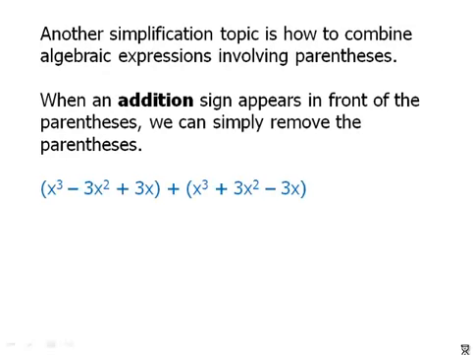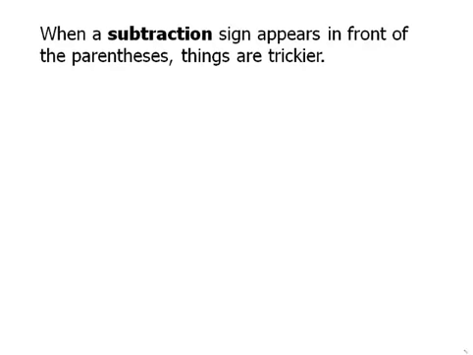We can just write the exact expression again as if there were no parentheses at all, and then do our simplifying from there. And it turns out this simplifies just to the single cubic monomial 2x cubed.